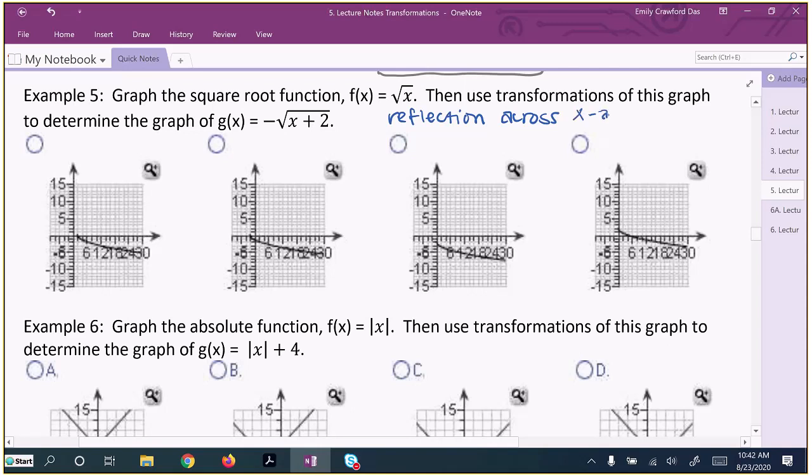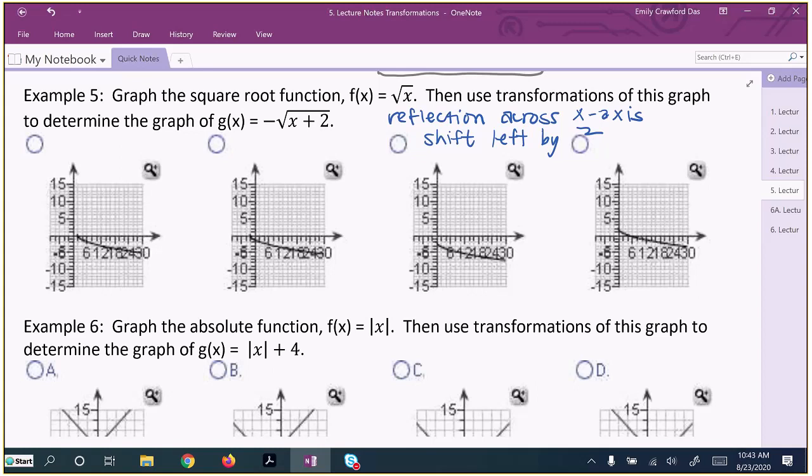So reflection across the x-axis, that's a transformation of our y-coordinates. And we have shifting of the x-coordinate. Do I go left or do I go right? Well, it's plus 2, so I know that means I should go left by 2. And we know what our parent graph looks like. So which of these graphs is shifted left by 2 and reflected across the x-axis?